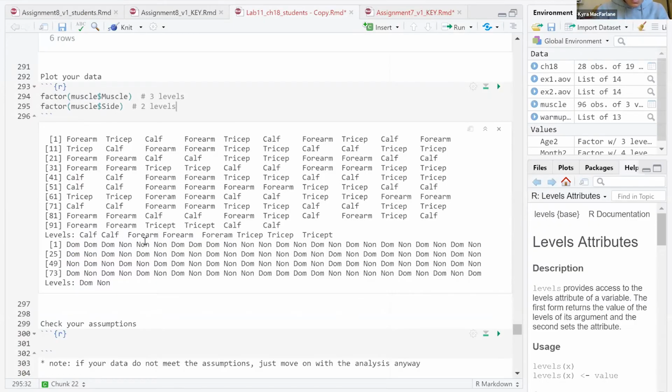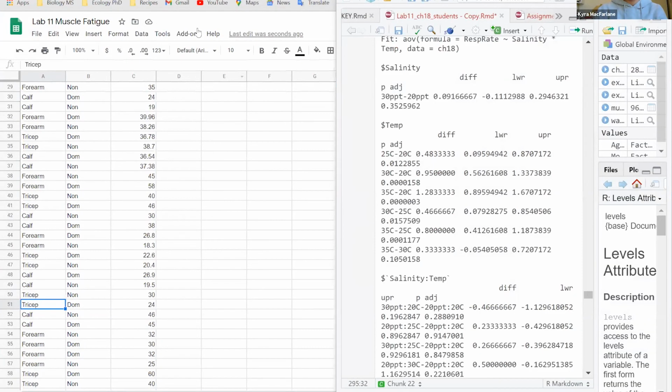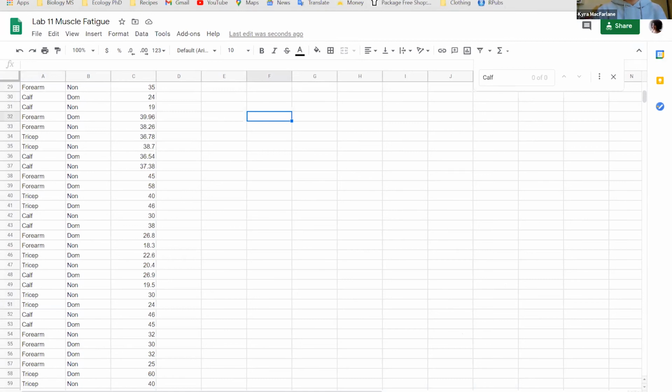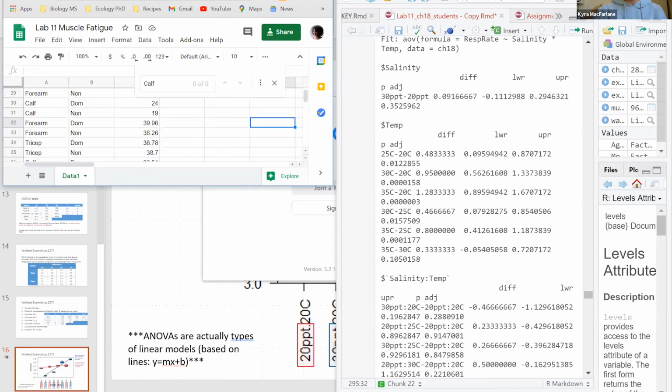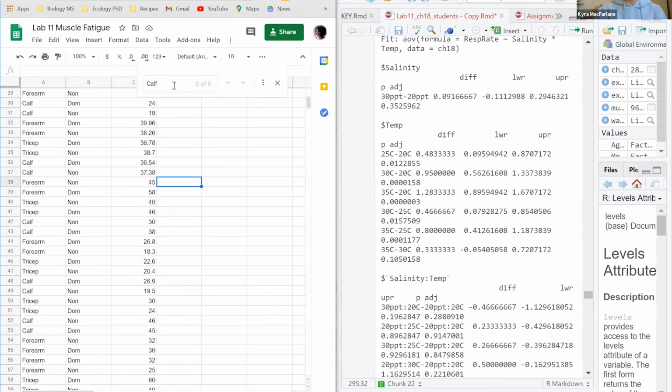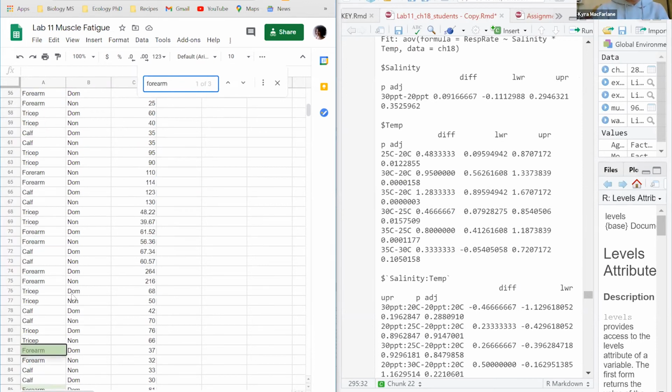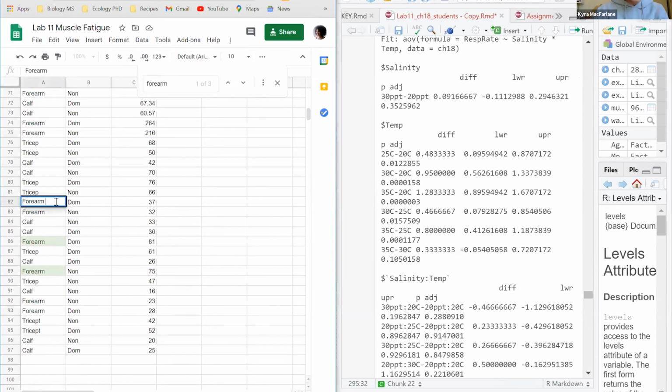See, then we have a space. Okay. So unfortunately, because everything needs to be typed exactly the same, otherwise R is going to think it's a different category. We have to go through and make these adjustments.